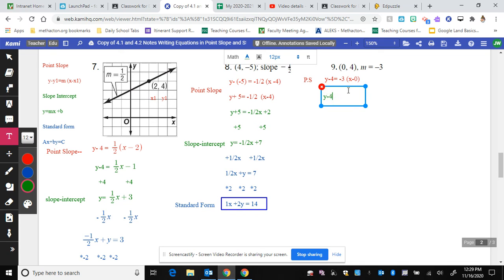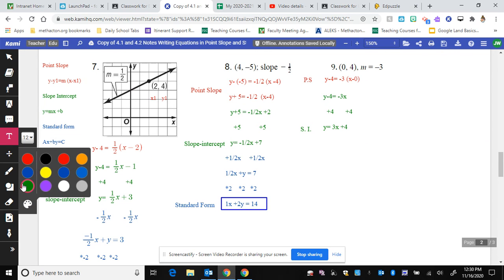So when I do that, bring down my y minus 4, I have -3x, and -3 times -0 is just 0. So I need to get my y alone. In order to do that, I will add 4 to both sides. And when I rewrite this, I have y equals -3x plus 4. This is now in slope intercept form. y equals mx plus b.